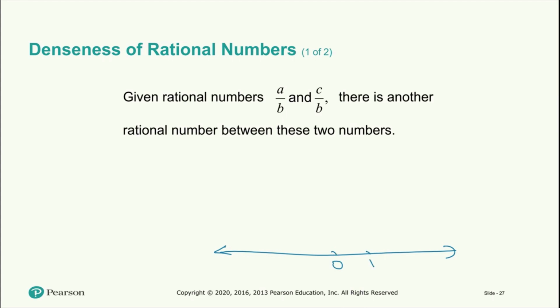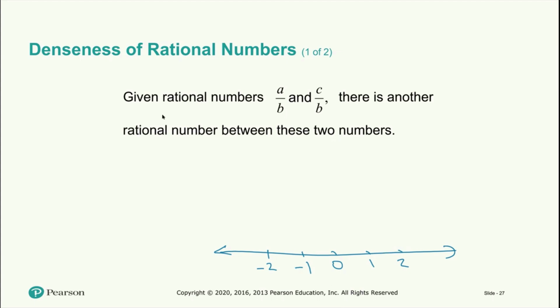From 0 to 1, there's a gap, from 1 to 2, etc. And that's true about any two distinct integers or whole numbers or natural numbers. Not so when it comes to rational numbers. They're very densely packed on the set of real numbers or on the number line.